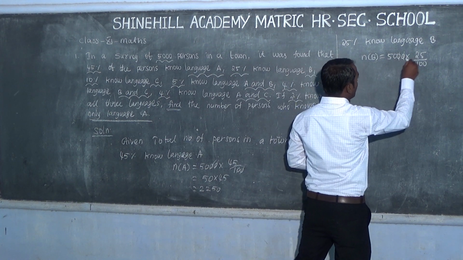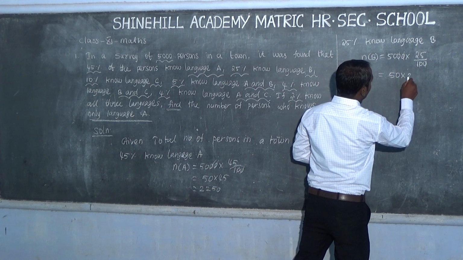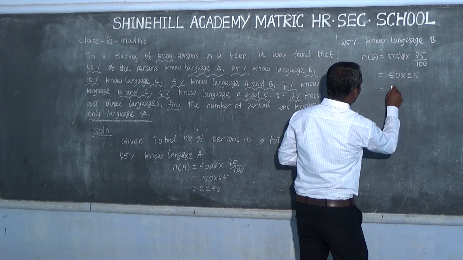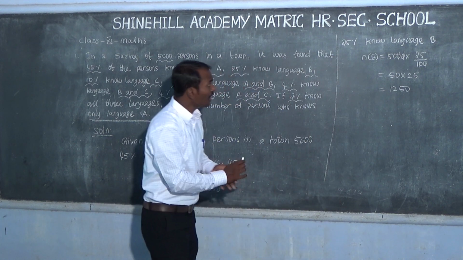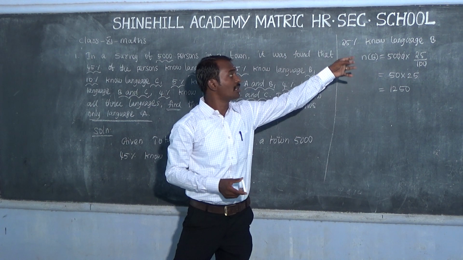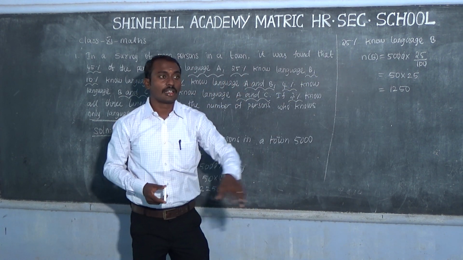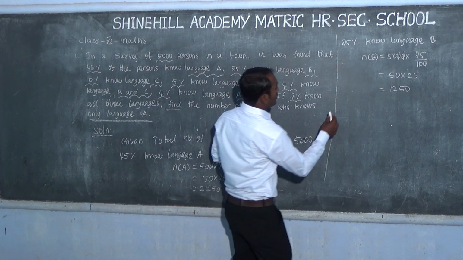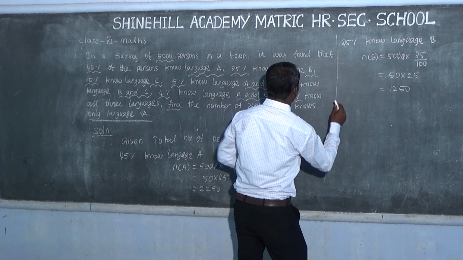We can cancel the 2 zeros, 50 into 25, and the answer is 1,250. If 25% know language B, then the n(B) value is 1,250.